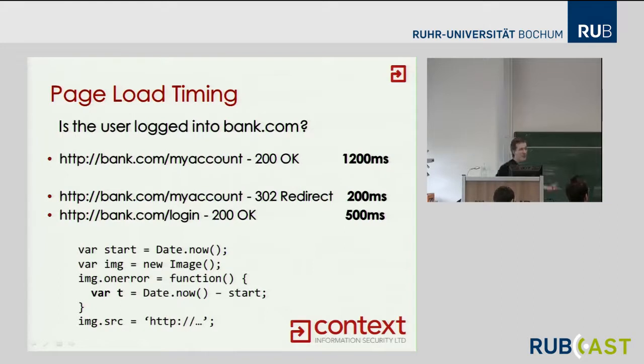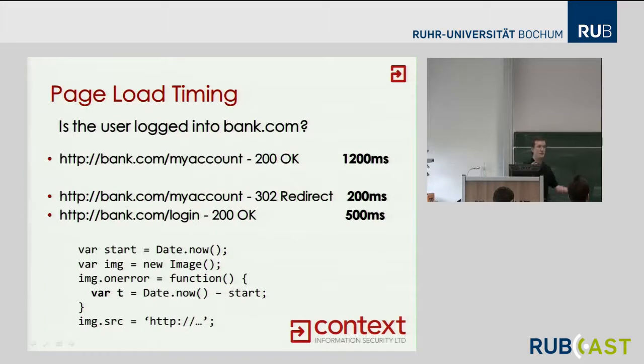Because of the same origin policy, the malicious website making these requests can't tell whether visiting this page got a 200 response or a 302 redirect. The only thing it can tell is how long this request took to come back. A very simple way of making an HTTP request from a web page is to use the Image object.